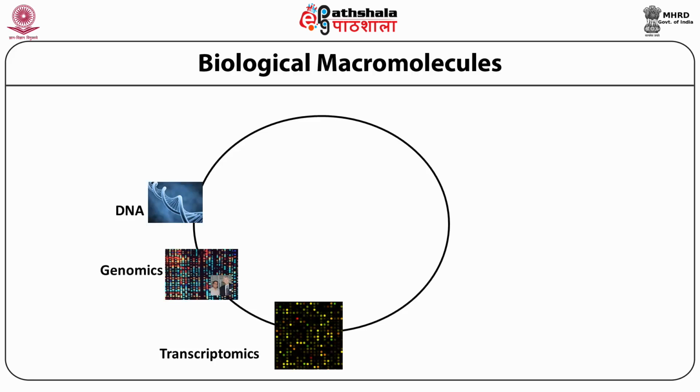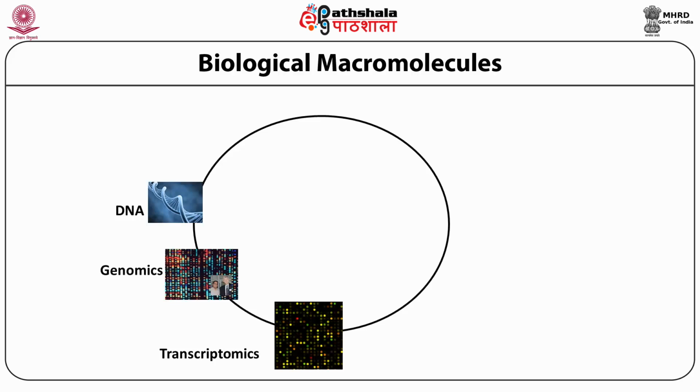But this platform too had its own limitations because RNA is very labile and gets degraded by the RNases, and also the alternative splicing wherein different exons on the genome combine in different ways to give different set of proteins.